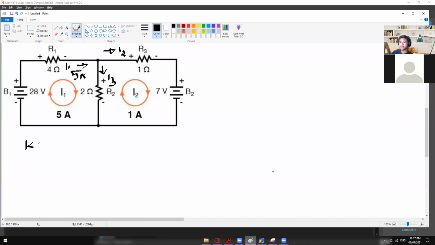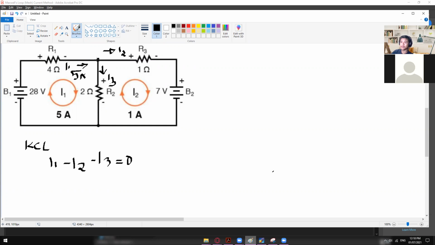So using the KCL method, going in is positive, and leaving is negative. So we have going in for I1, which is positive, and then going out for the I2, my bad, going out for the I2, and then another going out for the I3 is equal to 0.